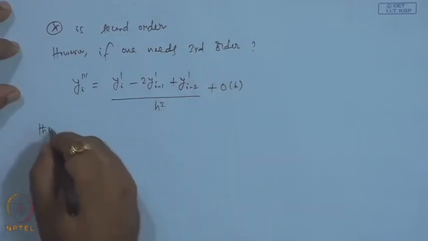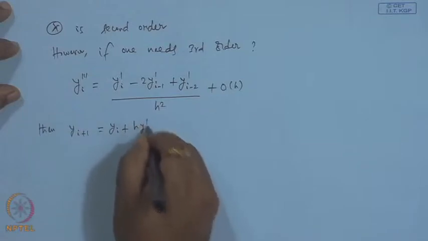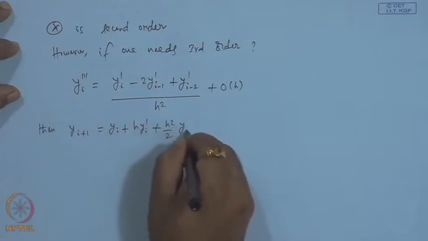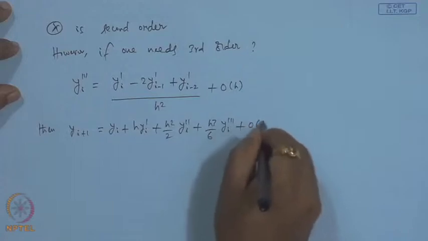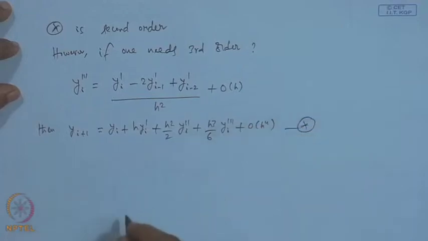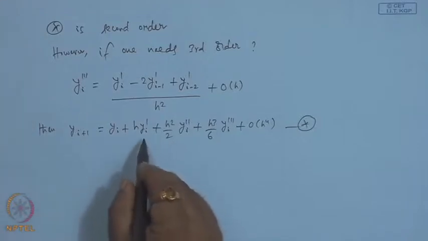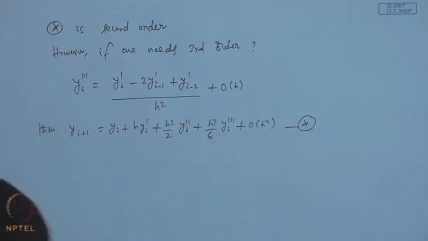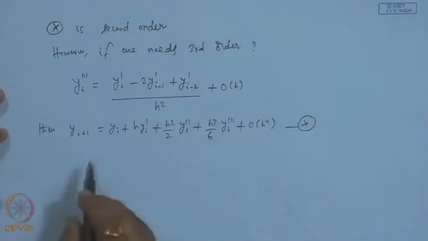Then we get, so this is our new star. But the question is, in the earlier case we have substituted for y i double prime only up to order of h. But now we would like to go for higher.